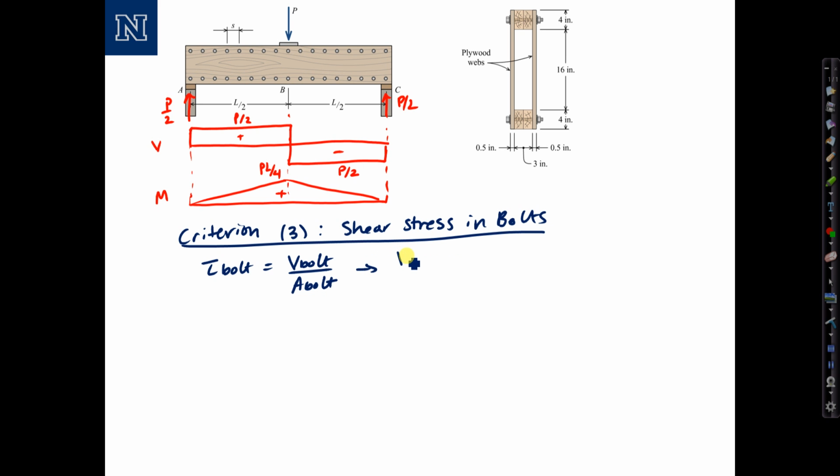So we can write the shear force in the bolt, because we're going to have to relate this to shear flow, equals tau in the bolt times area of the bolt. Now our shear flow capacity, if you will, is equal to the shear force in the bolt, V bolt, divided by S, the bolt spacing.